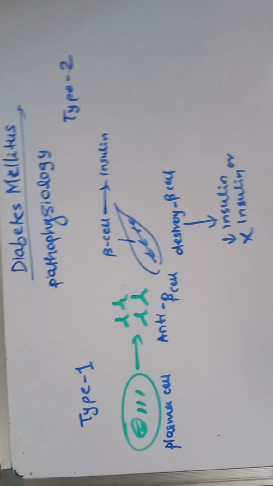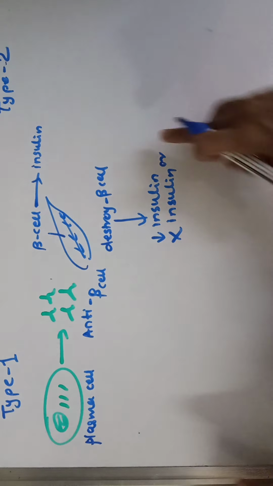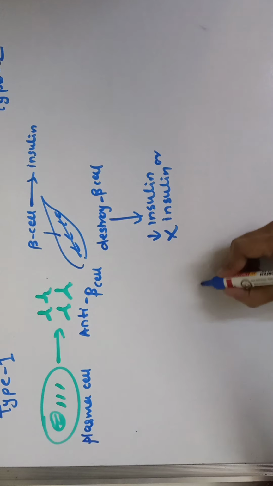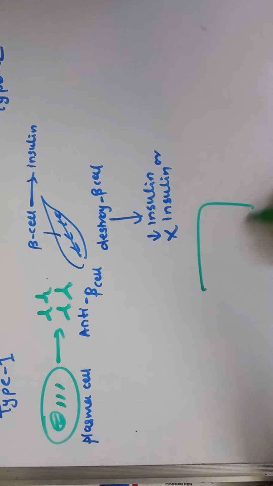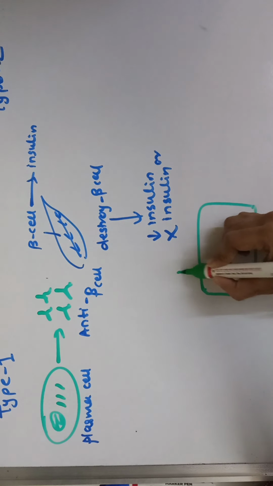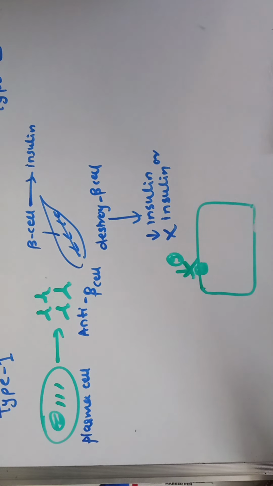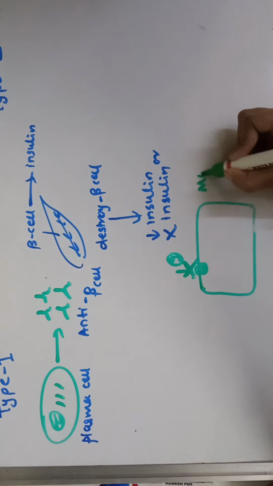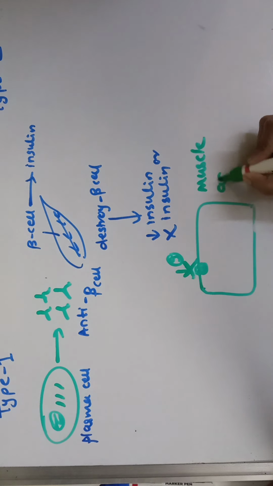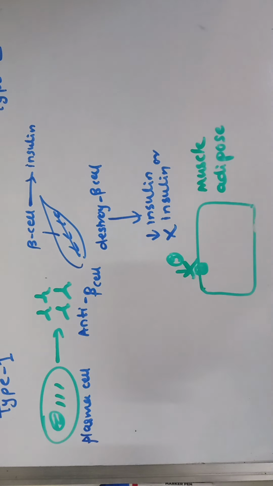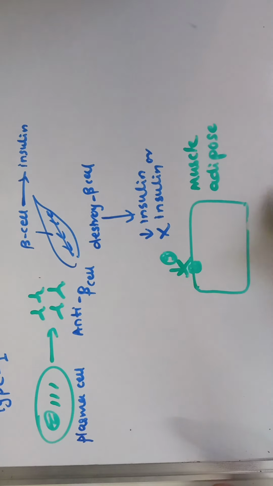If in your body there is no production or low production of insulin, what will happen, guys? Obviously, the cells which depend on insulin for glucose uptake will not take it up. The muscle cells and adipose tissues depend on insulin for taking up glucose, to produce energy and to store energy.